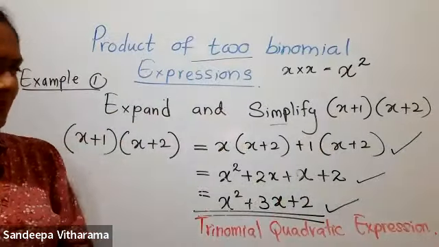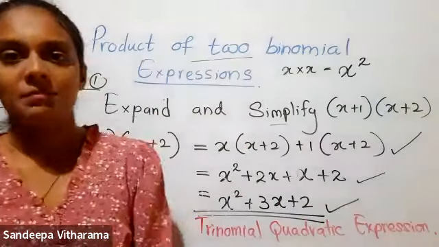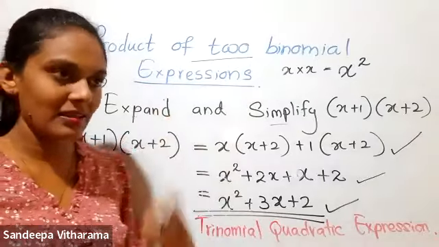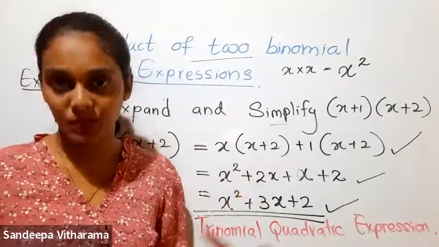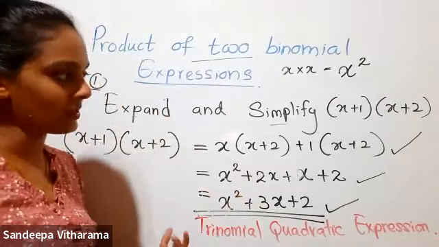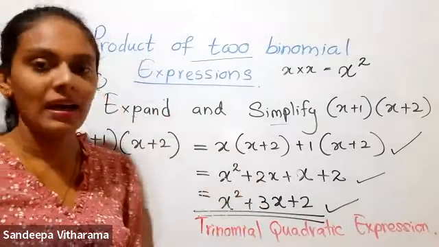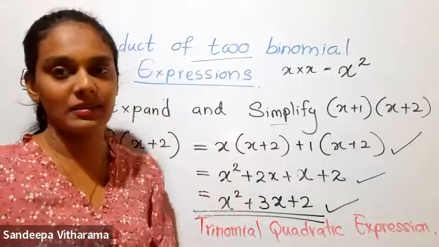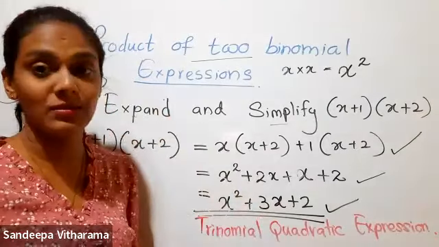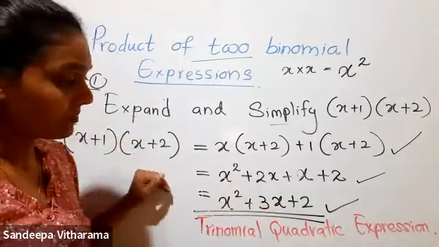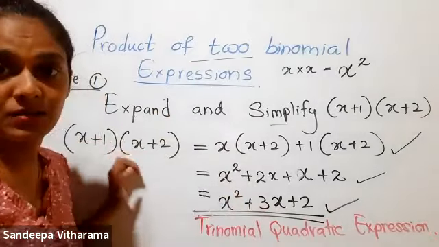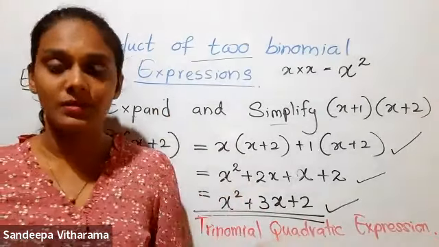Did you understand? Actually, this is a very easy one, but you have done this like a machine, no? So far, looking at the other examples, you have done this just like a machine. This is the answer. You have tried to remember the answer for each and every one and gone to the exam like this.